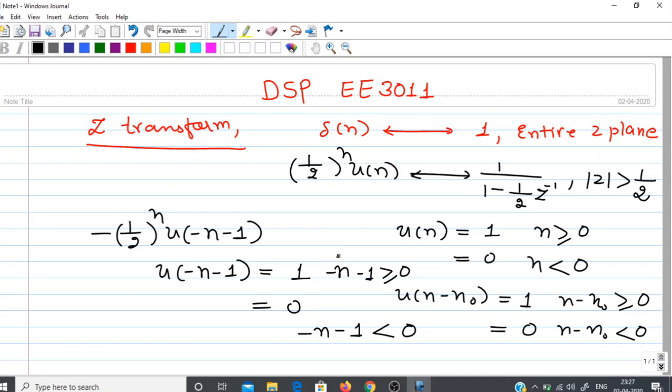If I take this -n to the right hand side, I get that this sequence is 1 for n less than or equal to -1. This I write on the next page.